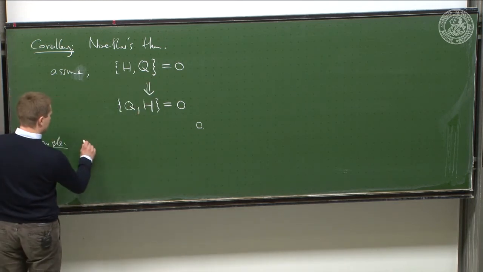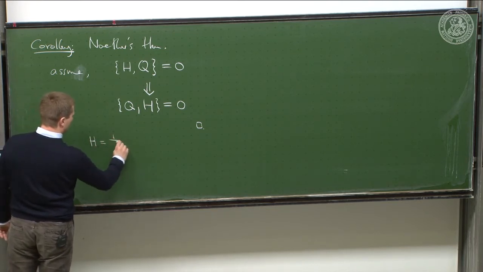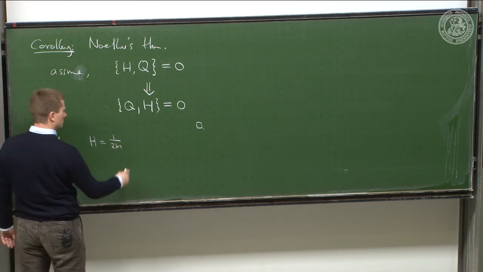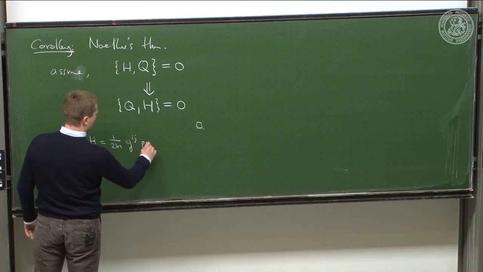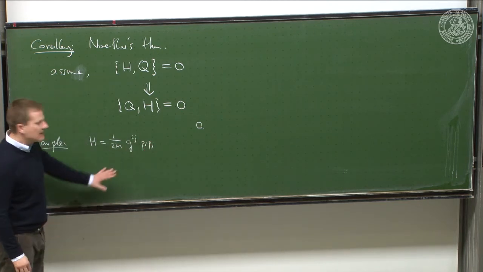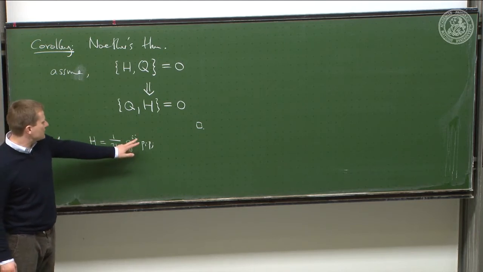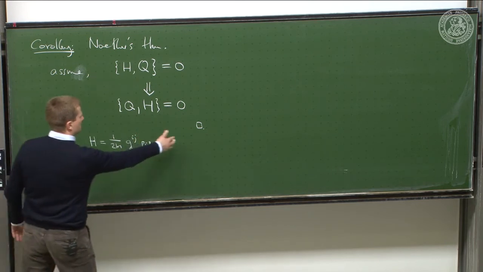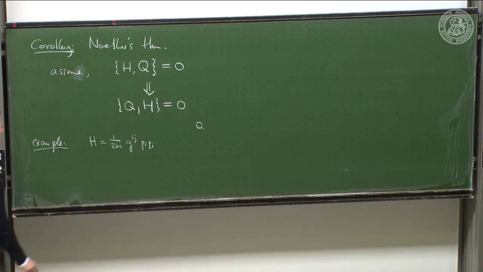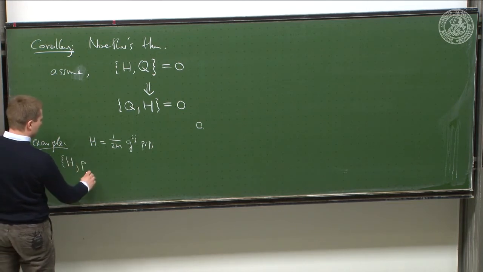Example, let's take H being 1 over 2m g^{ij} p_i p_j in Darboux coordinates, okay? And the g^{ij} in those coordinates is also constant throughout the Darboux chart, okay? So it's just the standard inner product. Now we can calculate {H, P}.